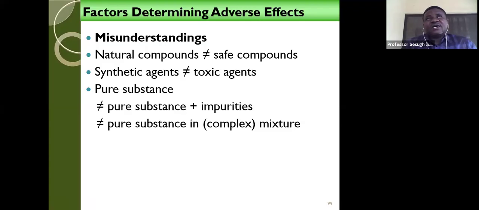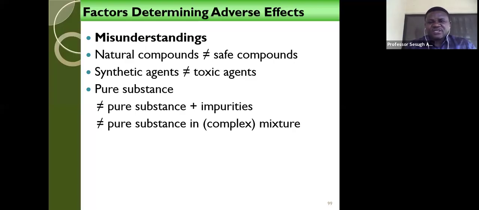Somebody will say, it is aloe vera that I use. So aloe vera is a natural material, or it's aloe vera gel that I use. I use organic materials only. I don't use synthetic. So it is a kind of misunderstanding. In as much as they are natural, they are not completely safe. They have their own negative effect.